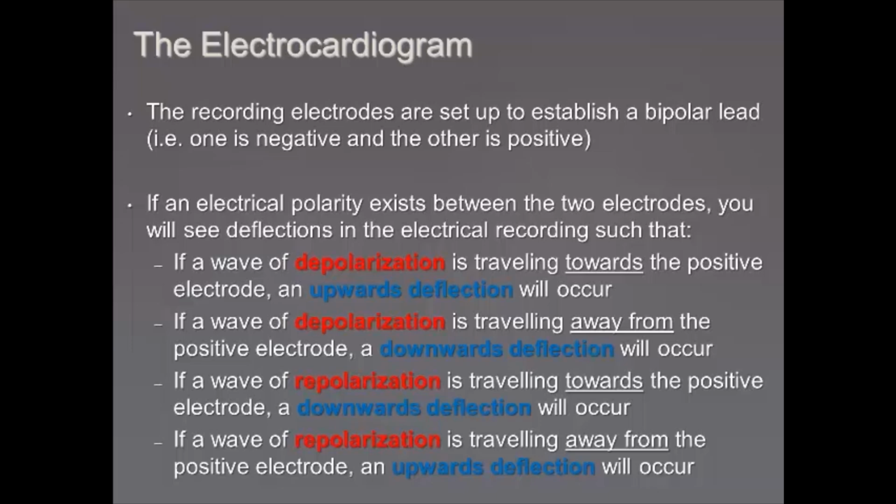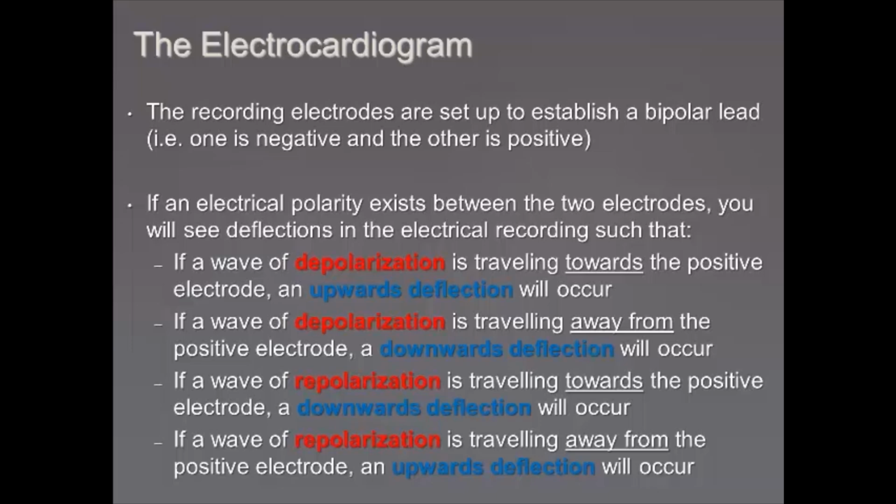Next, we have the case of repolarization. Repolarization is a positive wave front moving back across the myocardium. When we have this positive wave front moving towards a positive electrode, we have a downwards deflection.